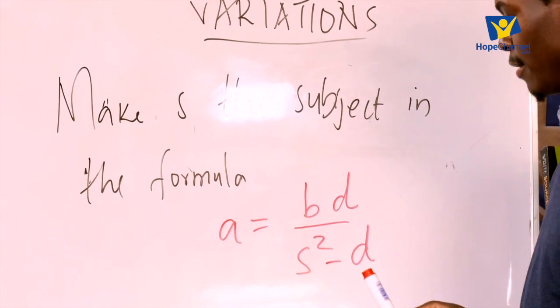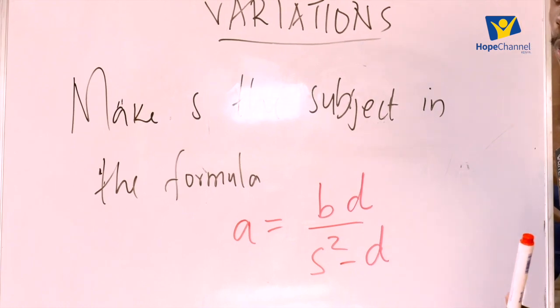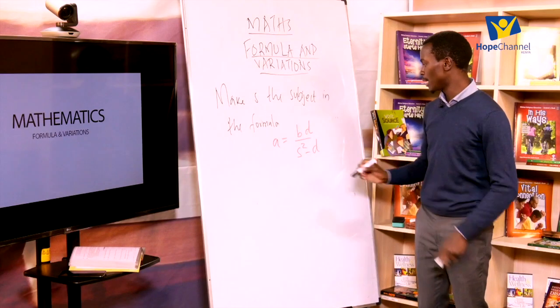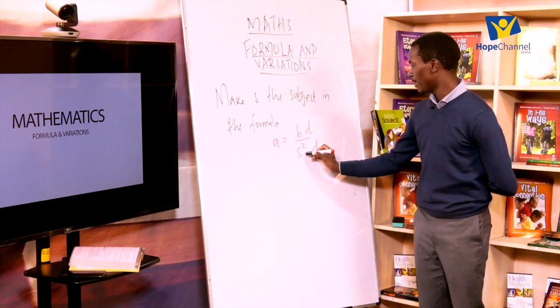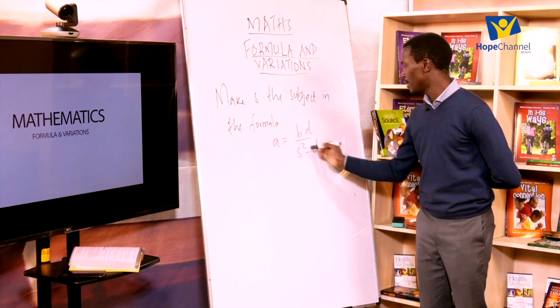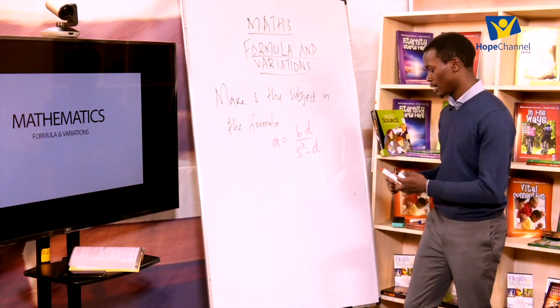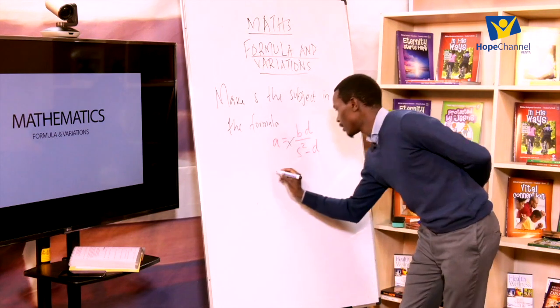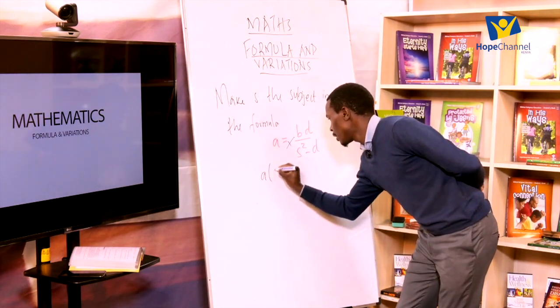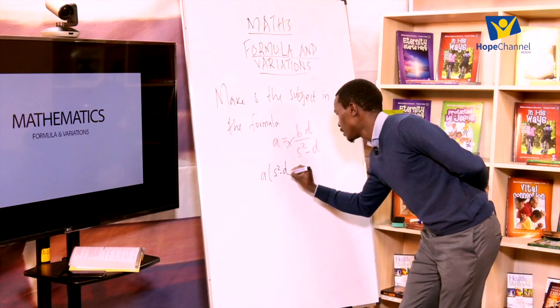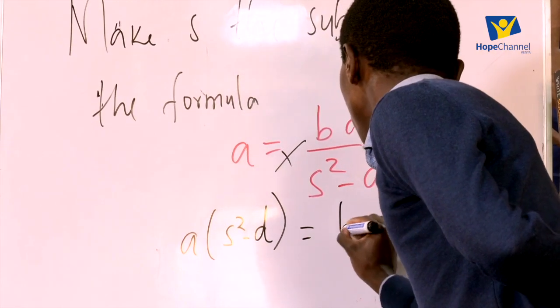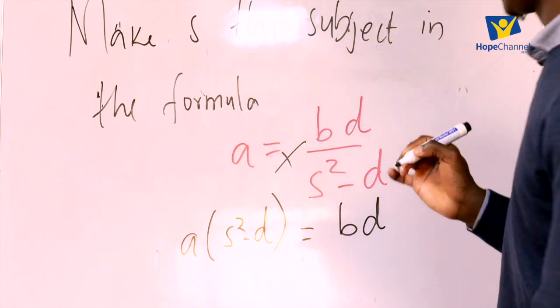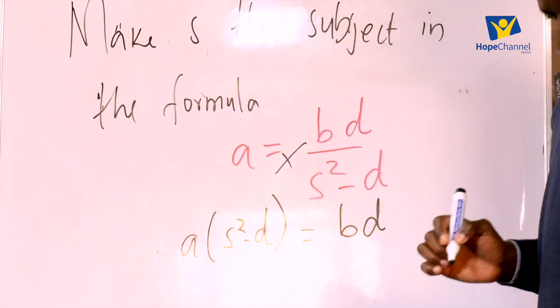So the very first thing that you're supposed to do is to cross multiply, so that we remove this denominator here by cross multiplying. So the first thing is to cross multiply, and that gives us a into s squared minus d being equal to bd. That is the very first step.